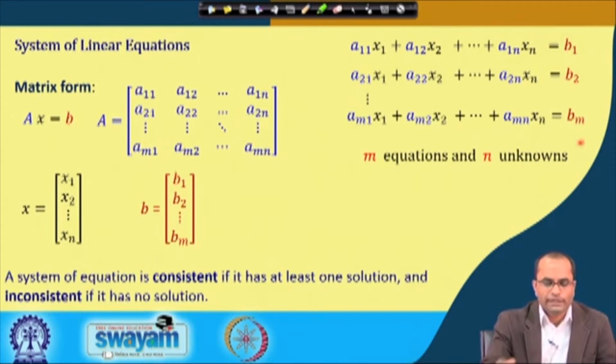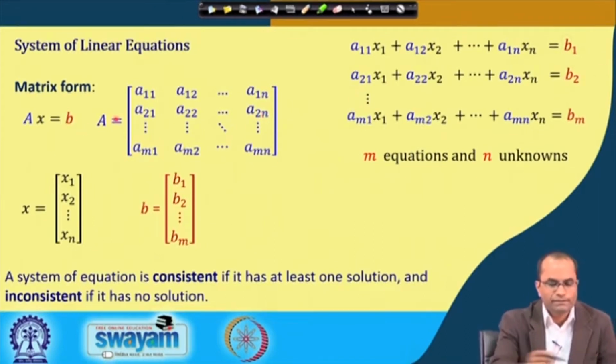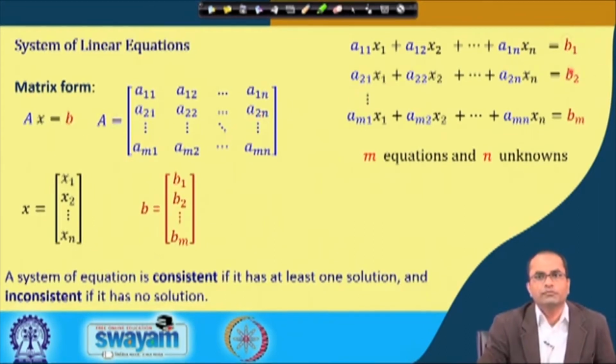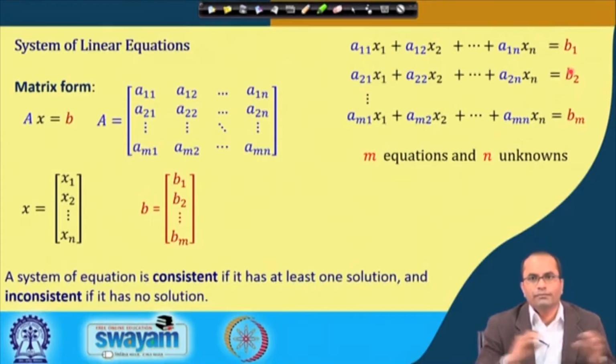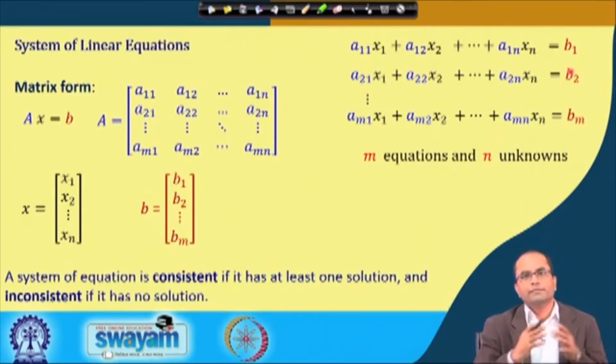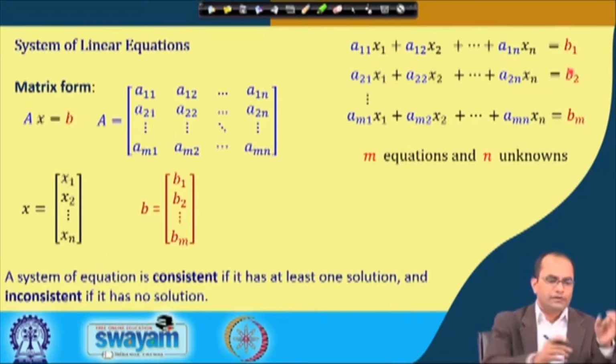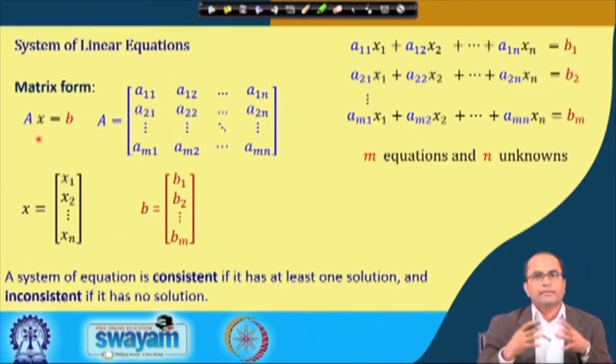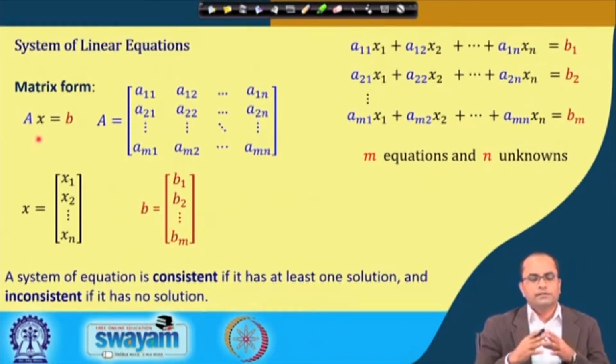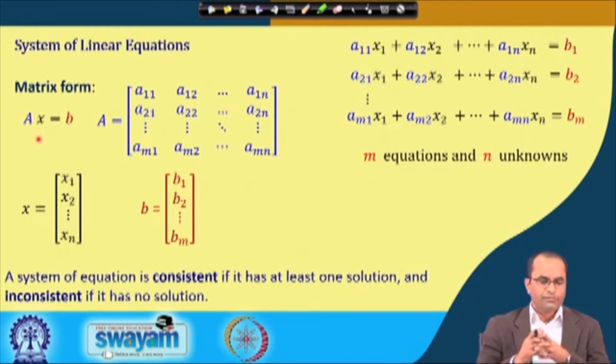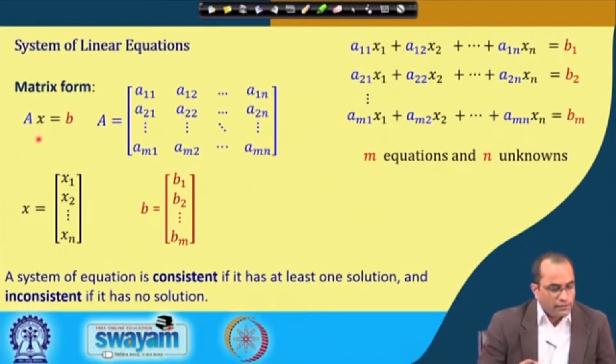Then we have the right hand side vector b, whose components are b1, b2, b3 and bm. Comparing each component, we get back to these equations. So, writing the system as Ax is equal to b is equivalent to the given system of equations, where we have m equations and n unknowns in general.